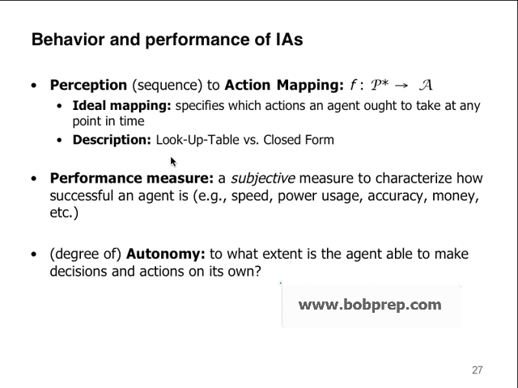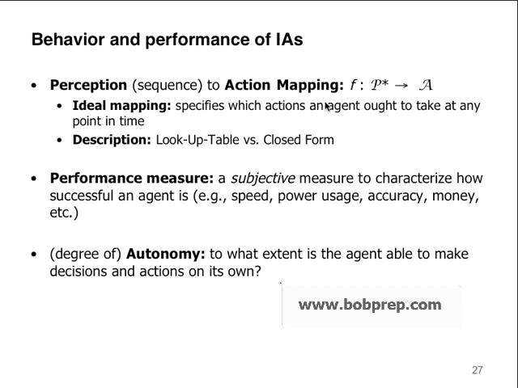So behavior and performance of AI. We have the perception or the percepts, which is the sequence. This is where the action mapping comes into place. So we come up with a map for the perception, which is a flow chart of the sequence of events that's going to occur. We have ideal mapping, which specifies the actions an agent ought to take at any one moment in time.